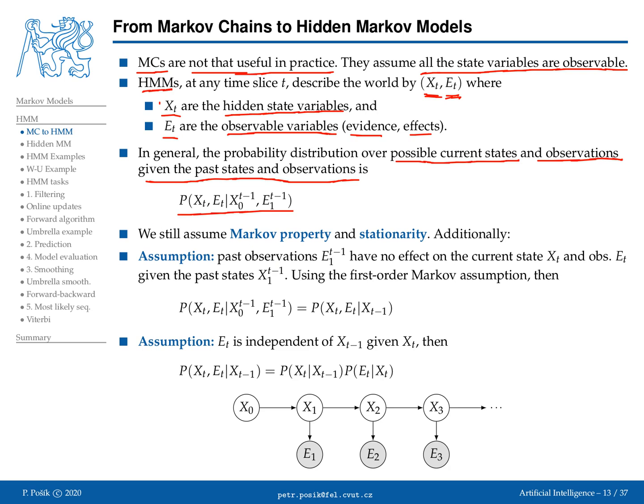We still assume the Markov property, meaning that the current state and current observations depend only on a finite number of previous states, most probably only on the last state. And we also assume stationarity, meaning that the statistical properties of the transitional model do not change in time.